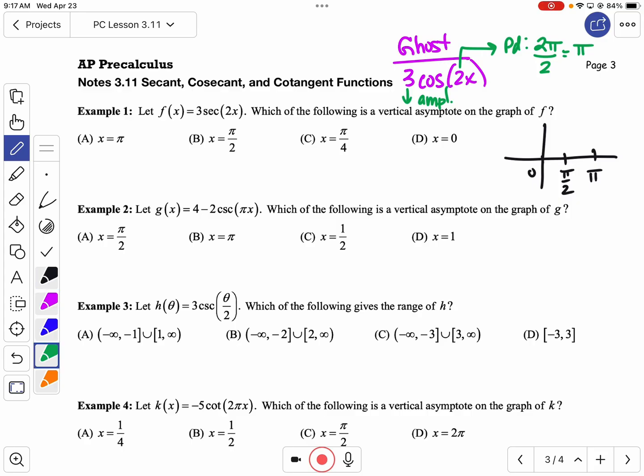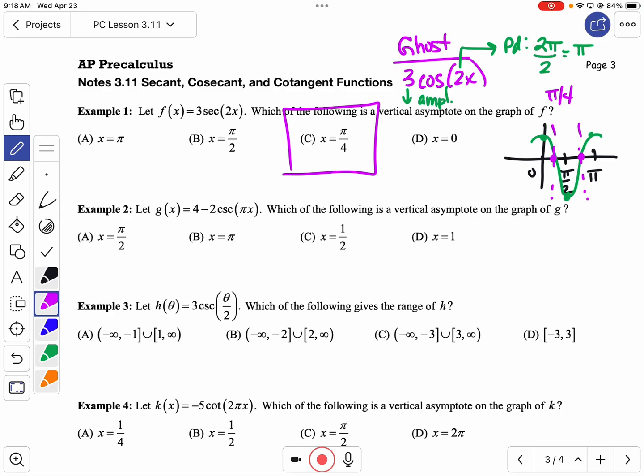When we graph cosine, we start up, we go down in the middle, and we're back up. The asymptotes for secant are going to happen at the zeros of my cosine, which would be halfway between 0 and pi over 2. What value would that be? Pi over 4. Okay, boom.